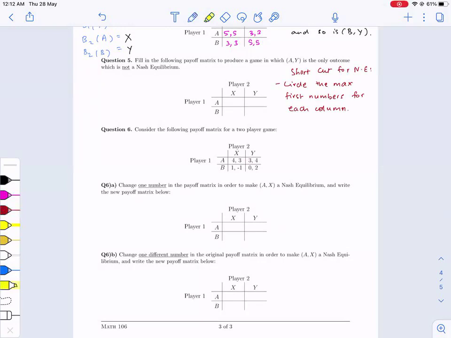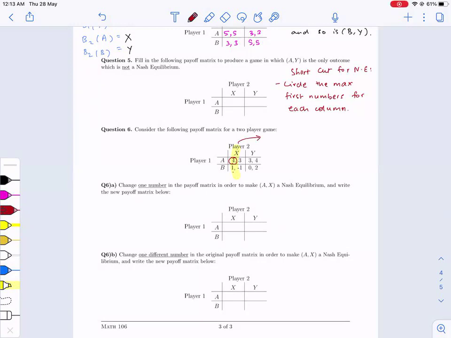Okay, so let's look at the first column, column X, or the case when player 2 plays strategy X. You circle the maximum first number. So between 4 and 1, the maximum is 4. So you circle that. And now, what does this tell you?